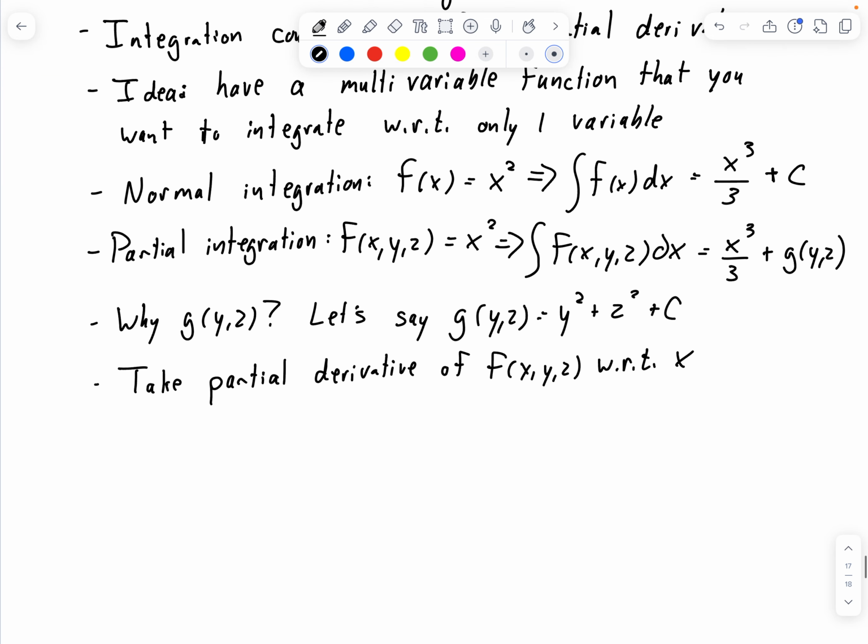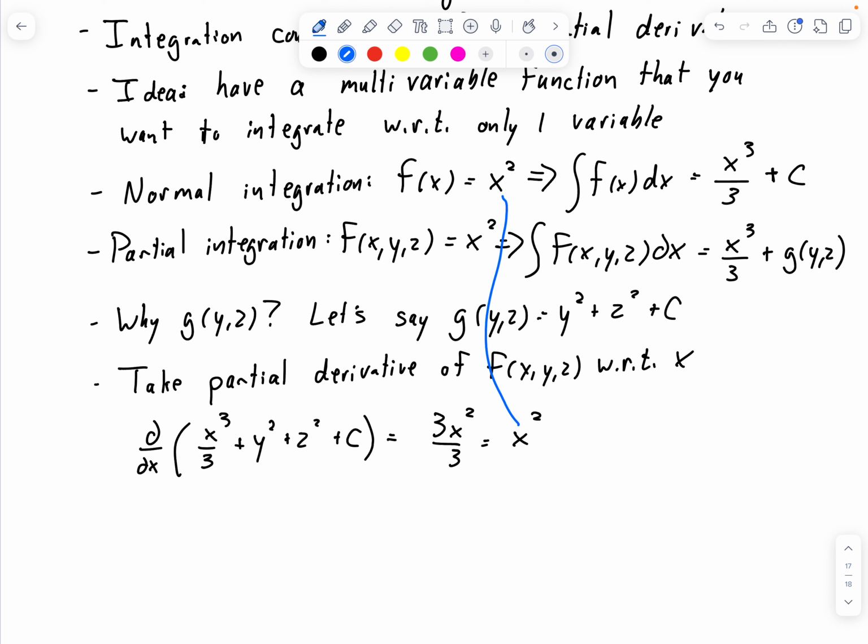When we do this, we have del by del x of our expression, which is x cubed over 3 plus g of y and z, where g of y and z is y squared plus z squared plus some constant c. When we take the partial derivative with respect to x, we end up with 3x squared over 3. The 3's cancel out, and we're just left with x squared. And we can see that this matches our original function, f of x.